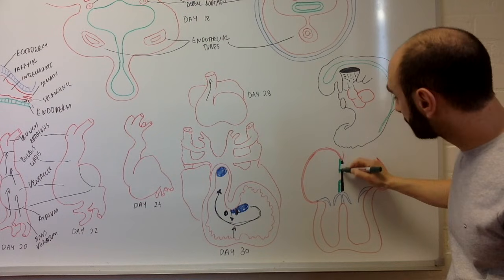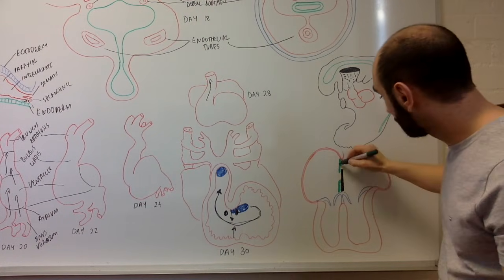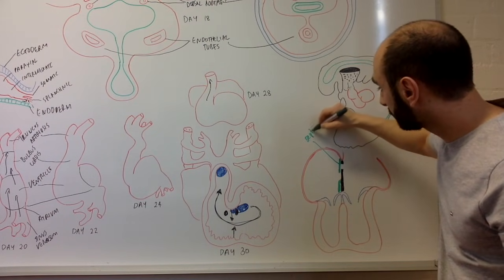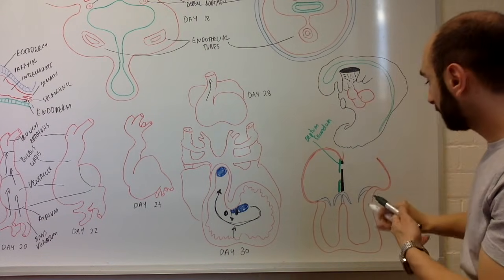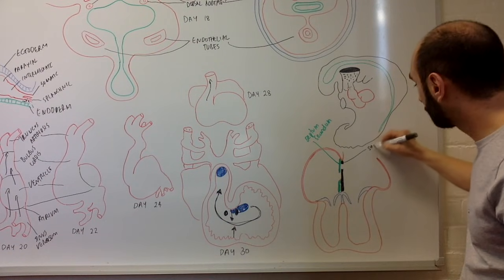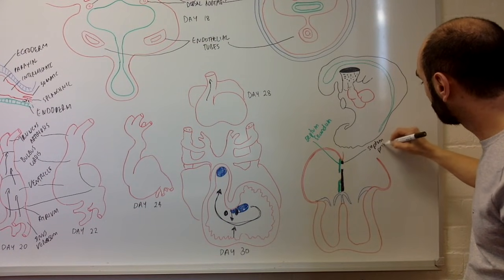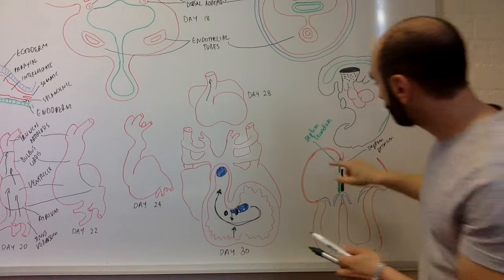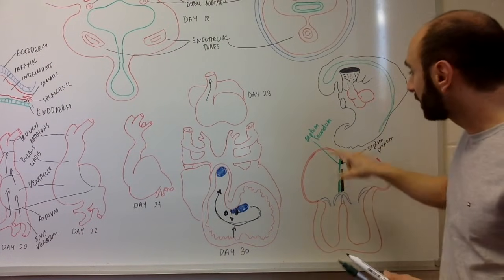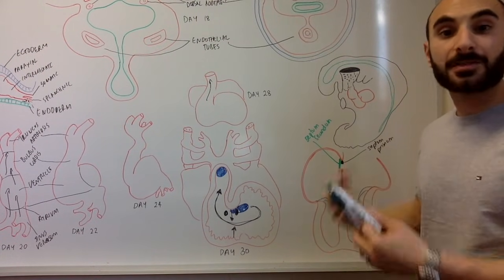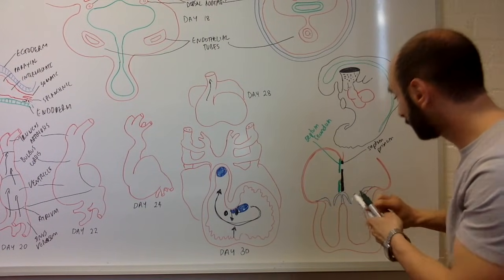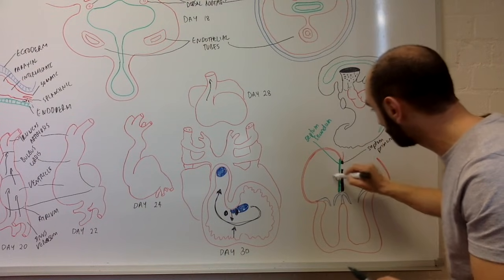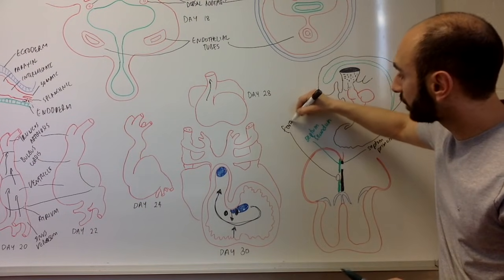So the gap that the septum secundum leaves, so that's the septum secundum, and this is the septum primum. So the gap that the septum secundum leaves, that's the foramen ovale. So just here, this section is the foramen ovale.